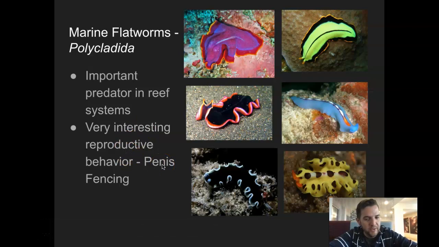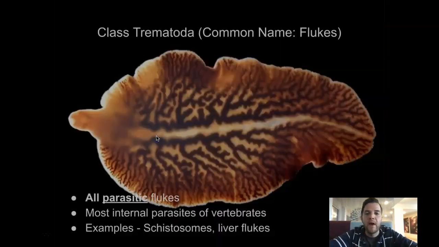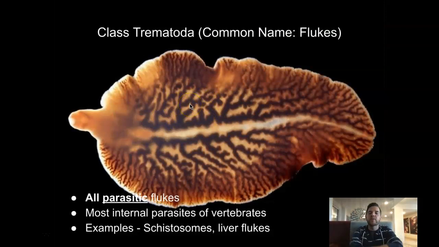You'll see it in the video, so I don't need to go into much detail. It's referred to as penis fencing. Because they are hermaphroditic, only one of them gets to be the male and one gets to be the female. So they essentially battle it out to figure out who's going to win. You'll see a video.